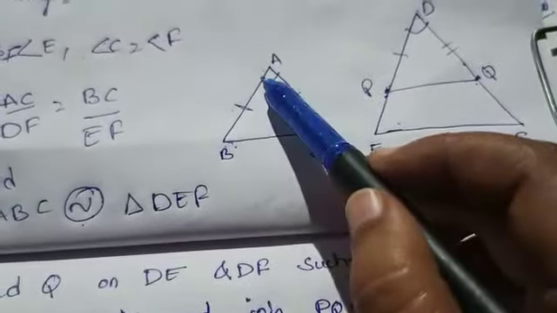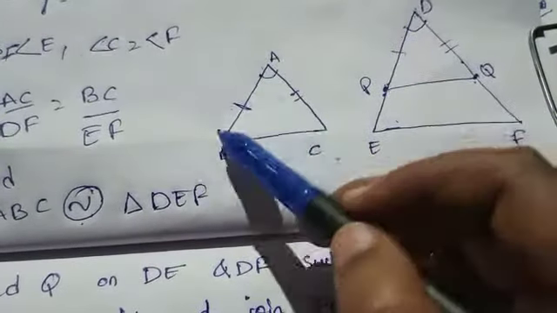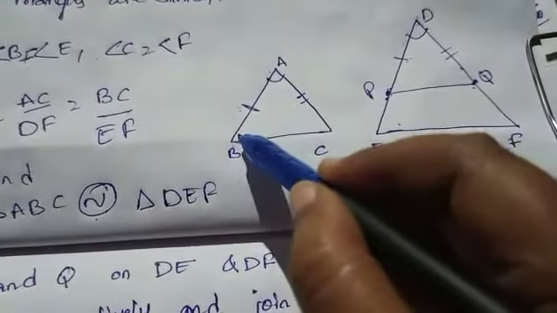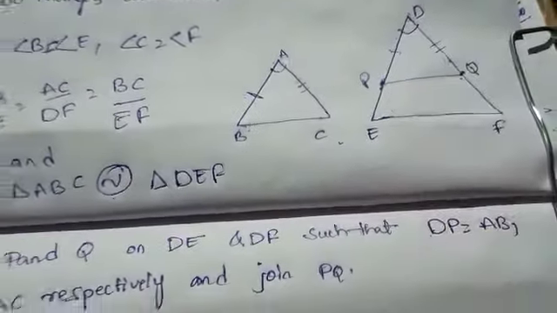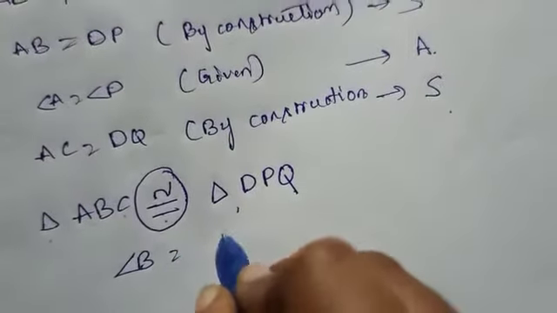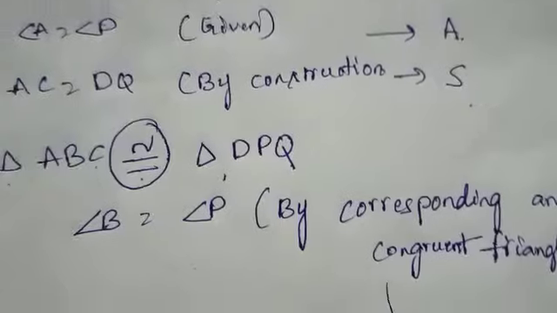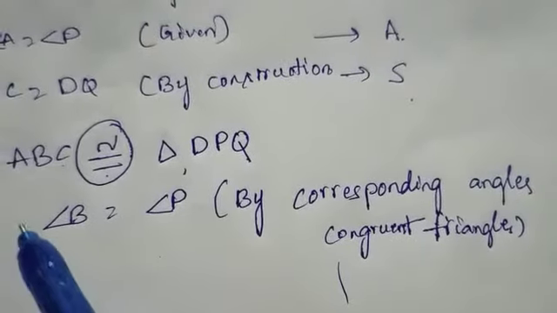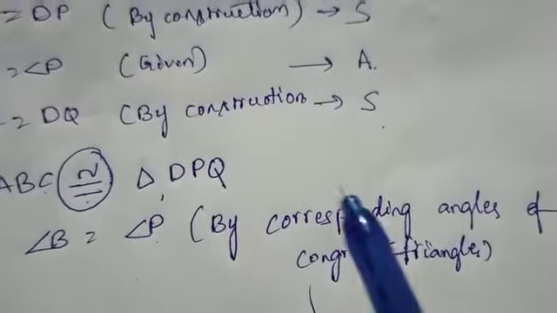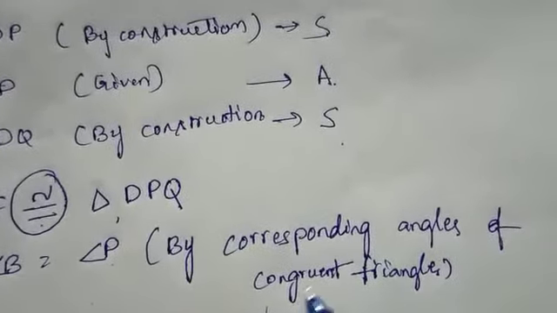So angle B equals angle P. Why? By corresponding angles of congruent figures.